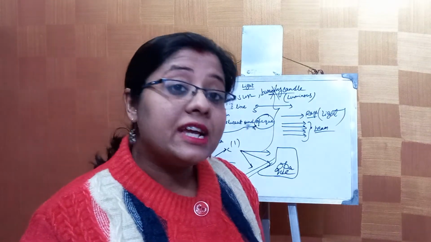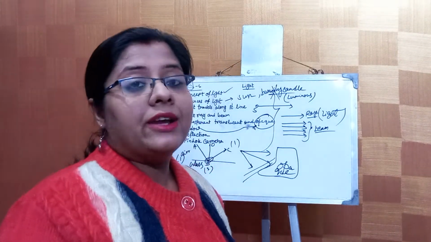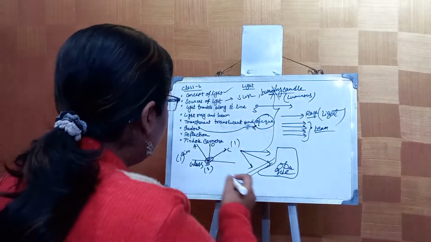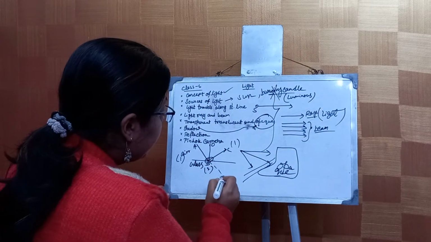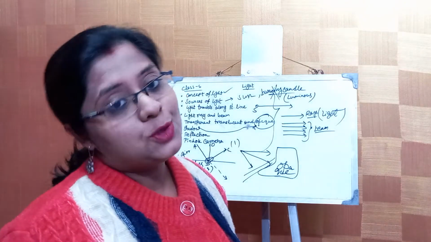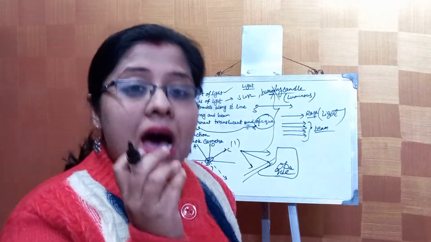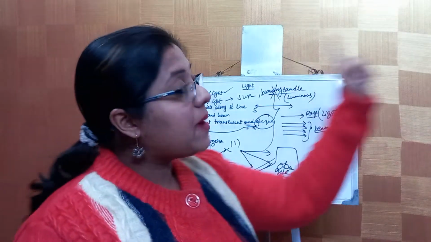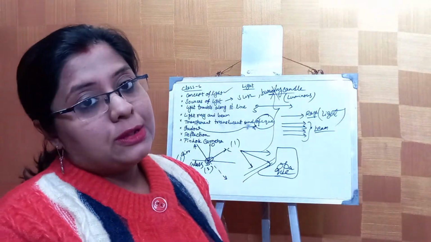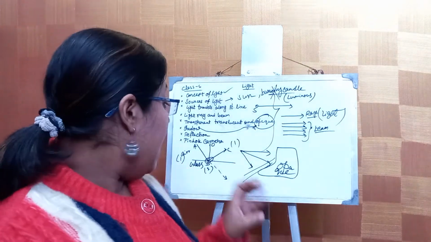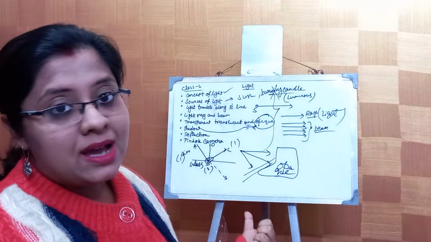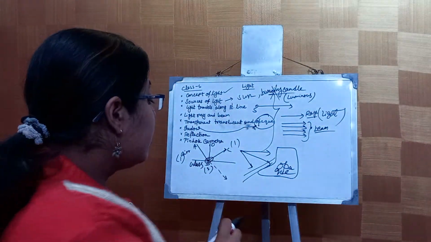Now why have I said that not all light rays, only some of the rays will move back? What about the others? The other part of the light rays will be refracted into medium 2. So some part of light rays will bounce back to medium 1, and some part will be penetrated or absorbed by medium 2. And this incident is called refraction.